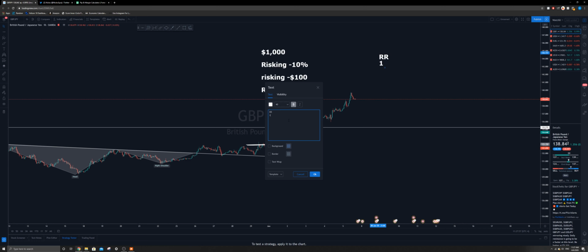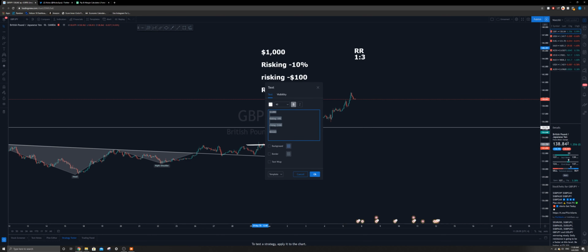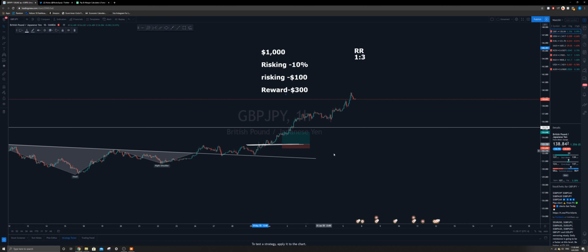Our RR is 1 to 3. RR meaning risk reward, right? Risk reward ratio, all right? Our reward is $300. So, whether it's one lot, whether it's 0.5, whatever your leverage is, whatever you're playing with, you would be risking 50 pips for 150.